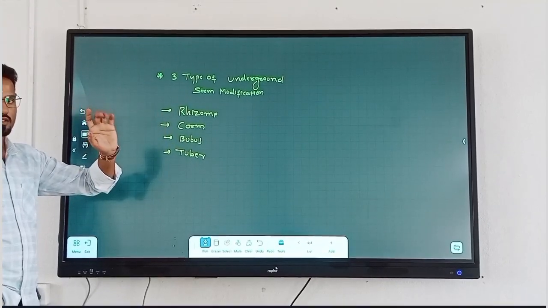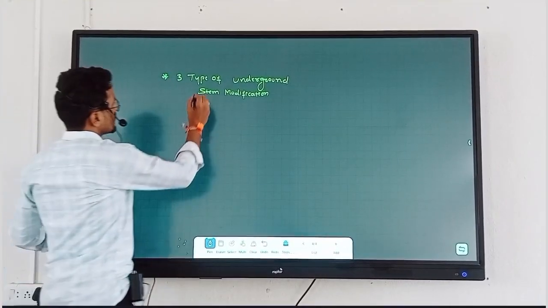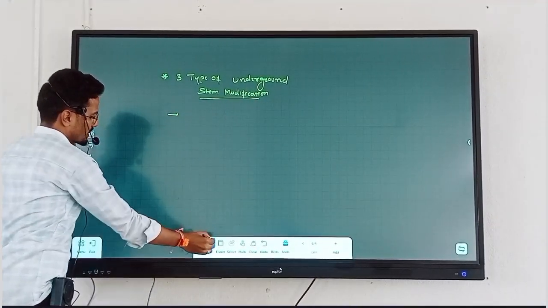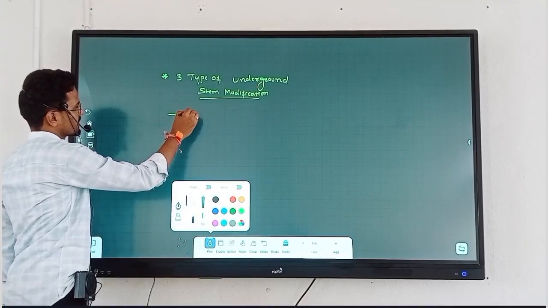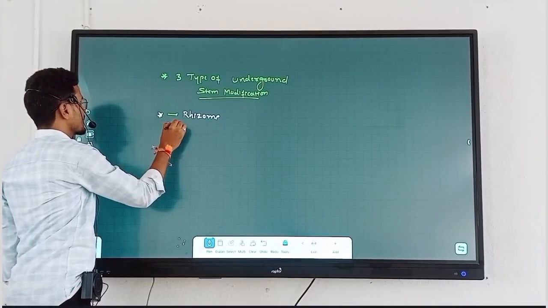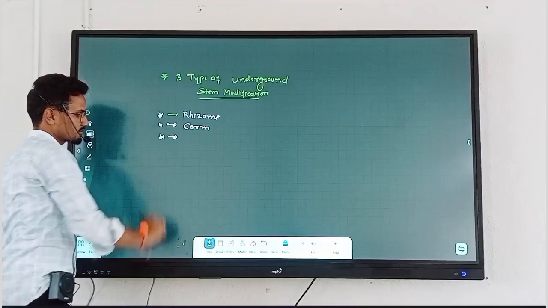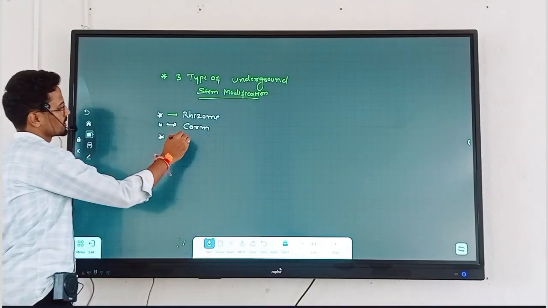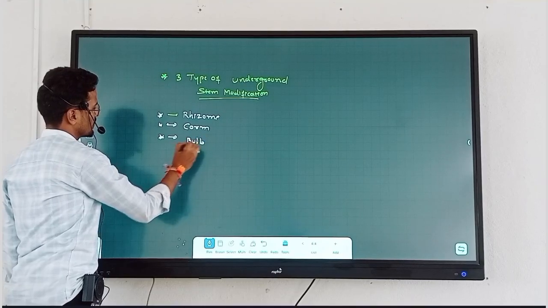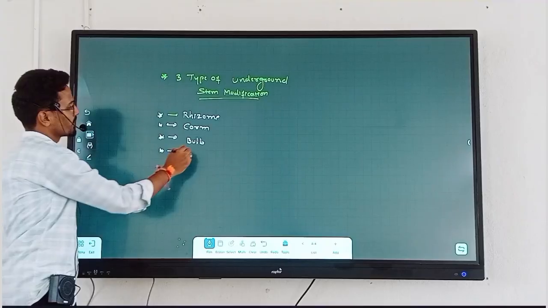So, the underground stems: the first one is rhizome, the second is corm, the third is bulb, and the fourth is tuber.